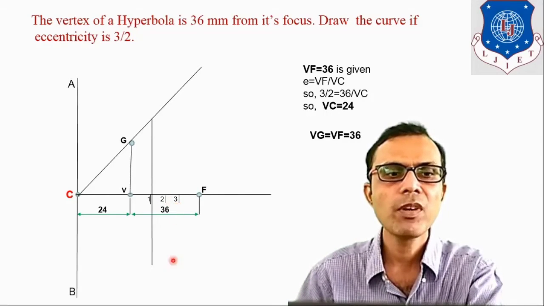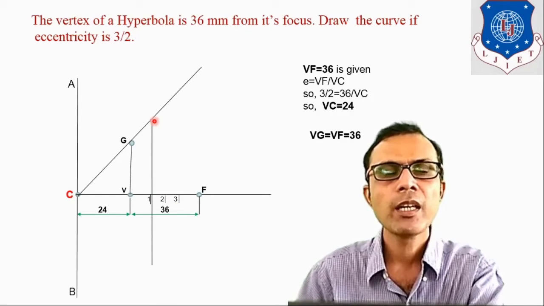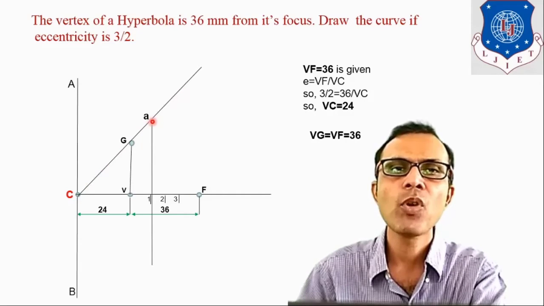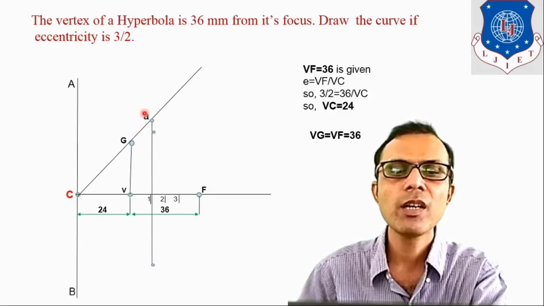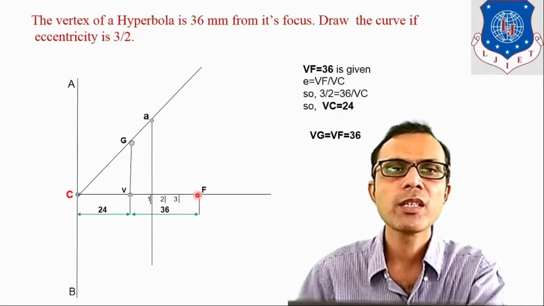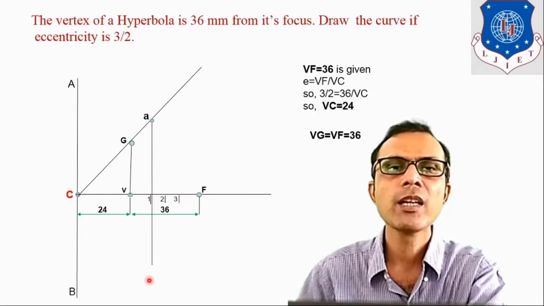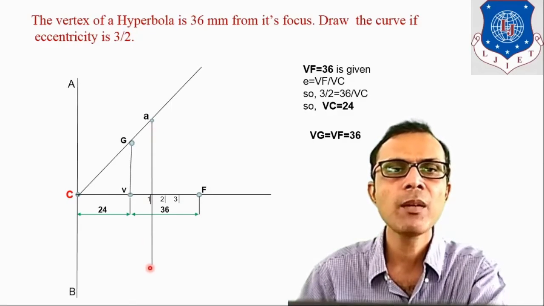From division number 1, draw a vertical line in such a way that it will intersect CG extended at point A.